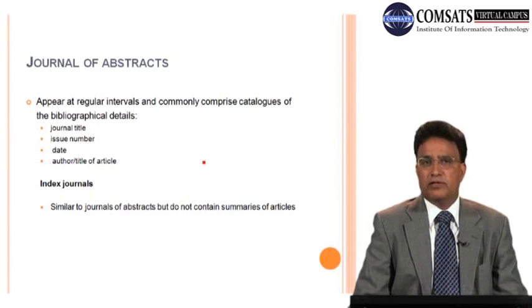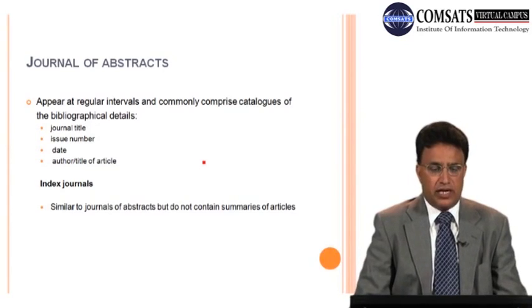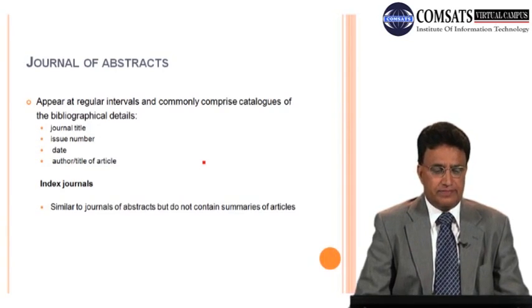When I say bibliographic details, if it is the Journal of Abstracts, there will be the journal title and the issue number of the journal, its date of publication, and its author or the title of the article. That information is kept in the form of a journal, which is called Journal of Abstracts.